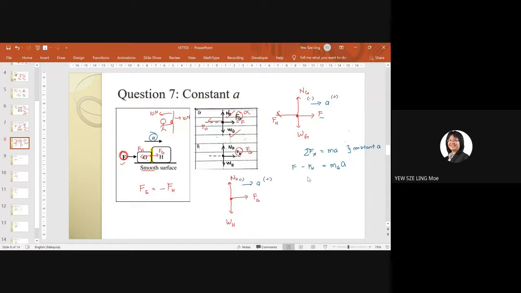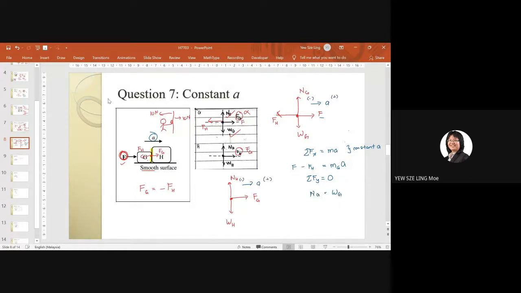Then for the y component, the summation of Fy. Since there is no motion along the y component, and the object just moves with constant acceleration along the x component, for the y component we use the first law. So the summation of Fy equals 0, therefore Ng equals Wg.